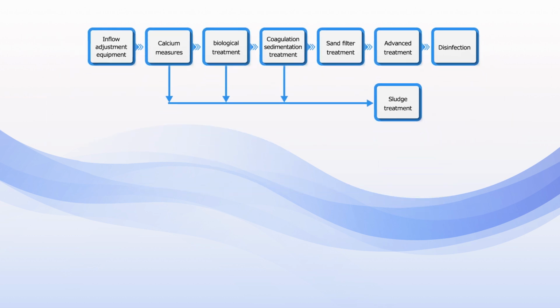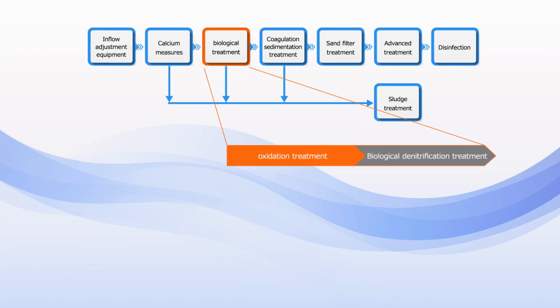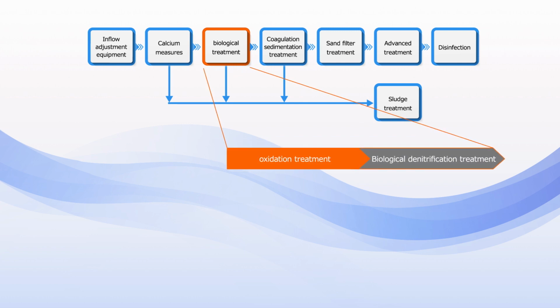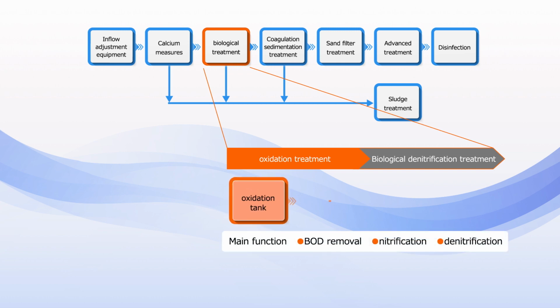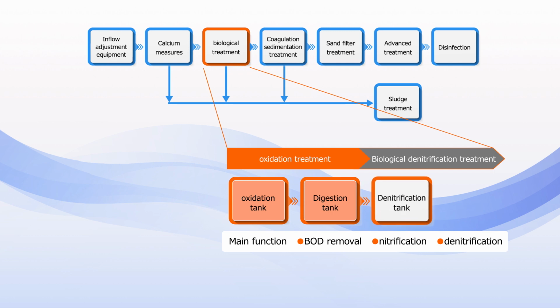Each treatment stage requires different functions. For example, in biological treatment, the purpose is to treat organic pollution, nitrify, and denitrify. Biological treatment is broadly divided into oxidation treatment and biological denitrification treatment. Specifically, treatment is carried out through an oxidation tank, a nitrification tank, a denitrification tank, and a re-aeration tank.